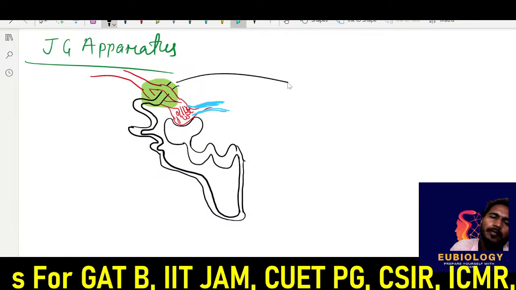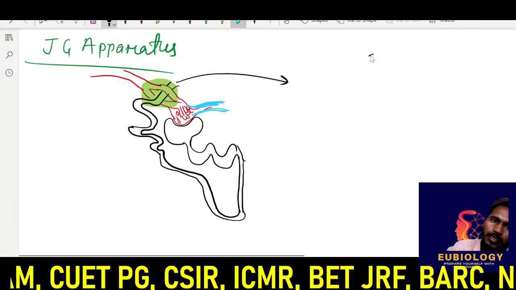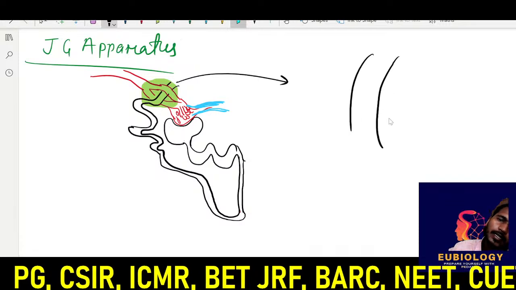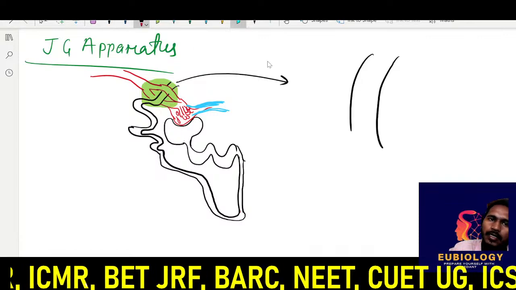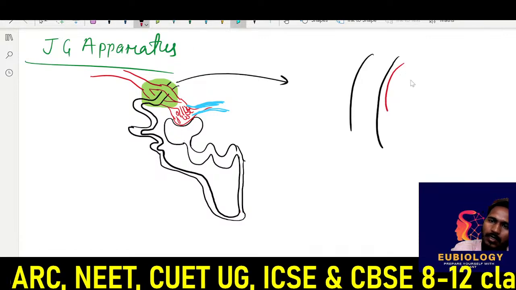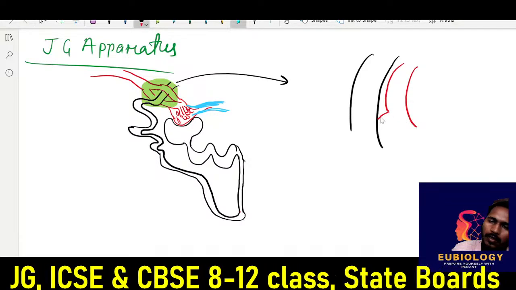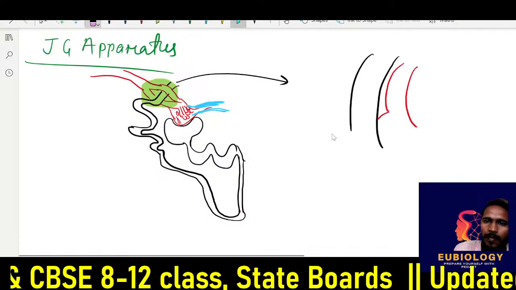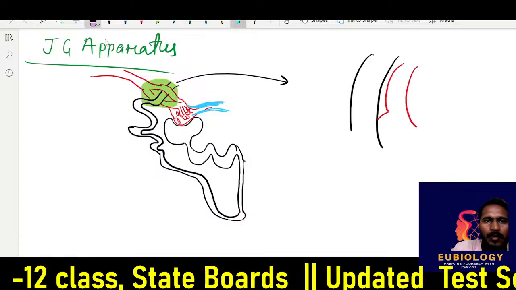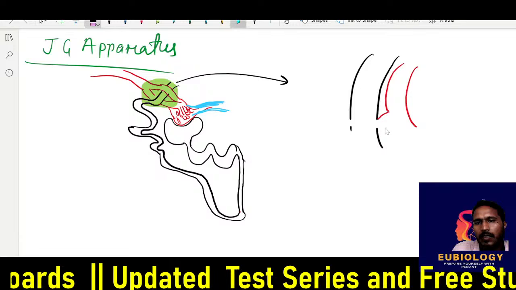If you make it a little broader, you will find there is one DCT, and surrounding this is the arteriole.